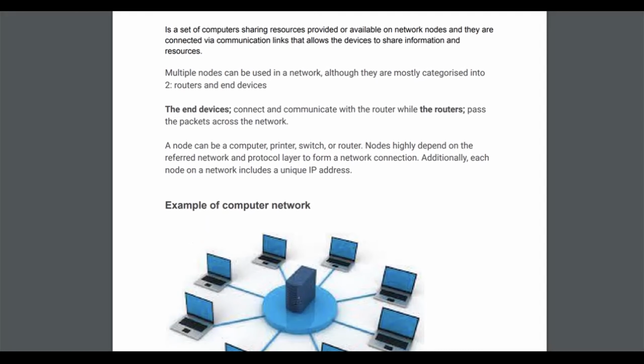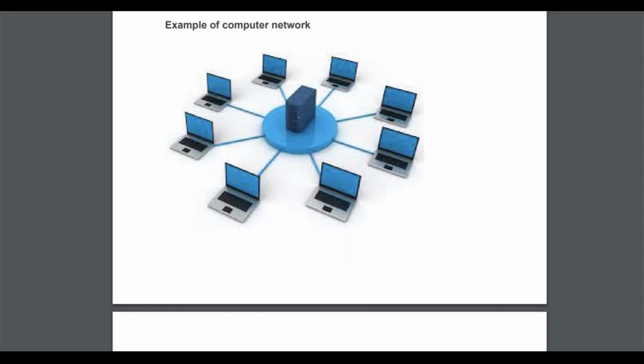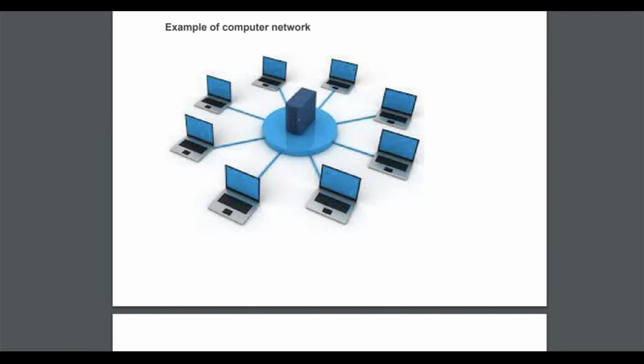And also we have here an example of a computer network. Here we have a series of computers connecting to a server or a data center. So I just want to use an example where these computers are located in different countries, and we are trying to access Facebook. So let's assume that Facebook is the one in the middle.